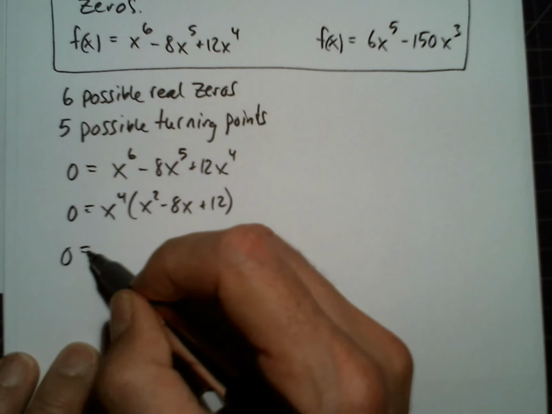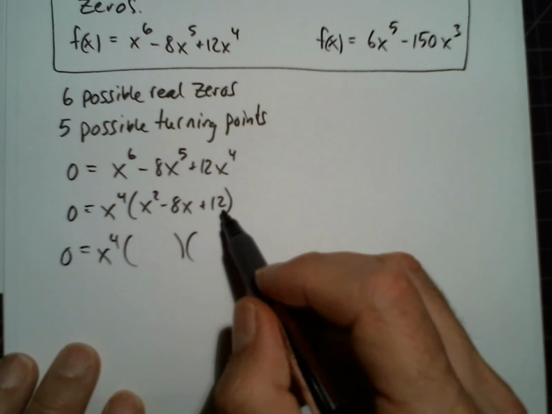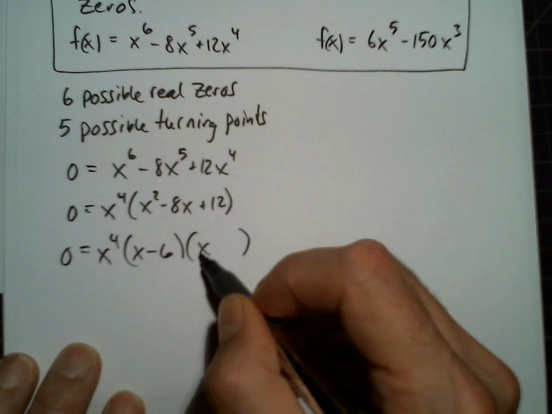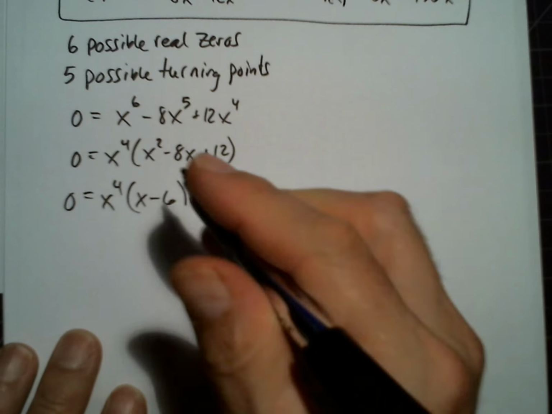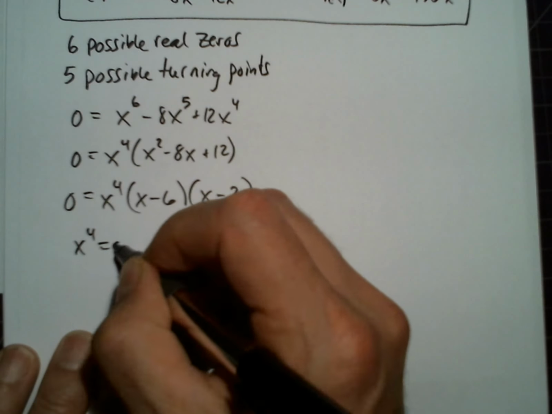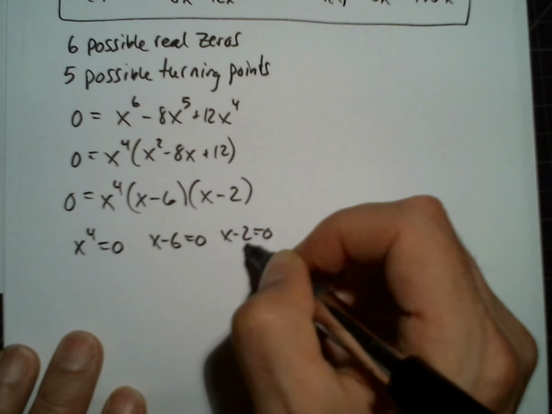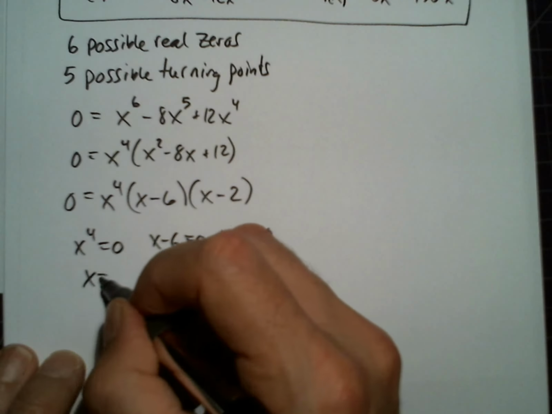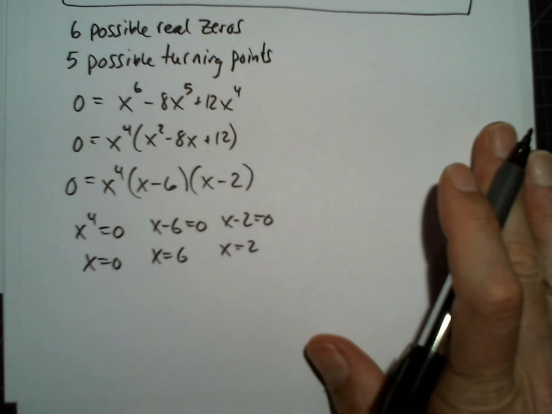We can factor that. We need to multiply to get 12 and add to get negative 8. So those are the zeros.